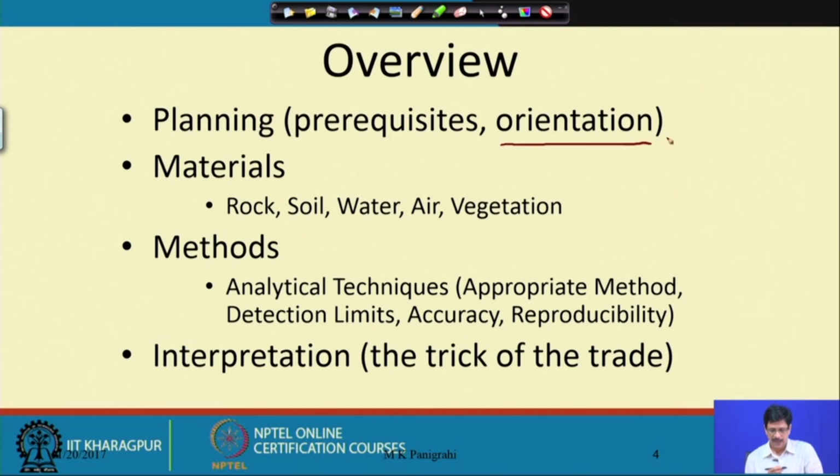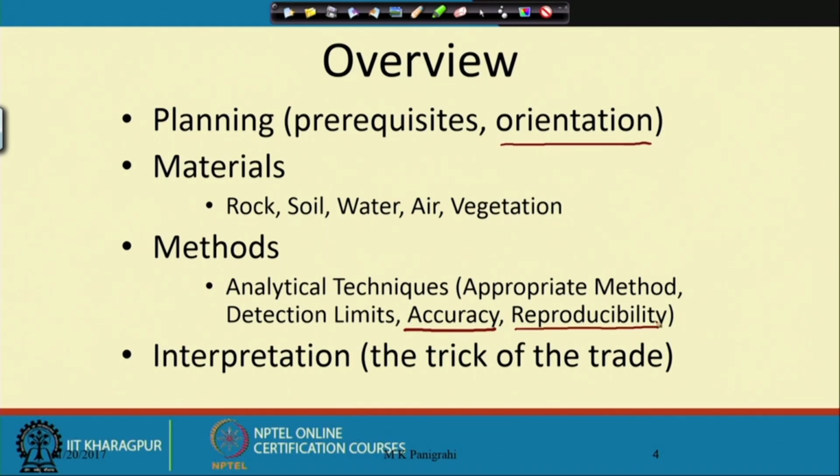of the trade. Textbook knowledge or any standard information about geochemical prospecting will always refer to these parameters such as accuracy and reproducibility, or precision and accuracy.